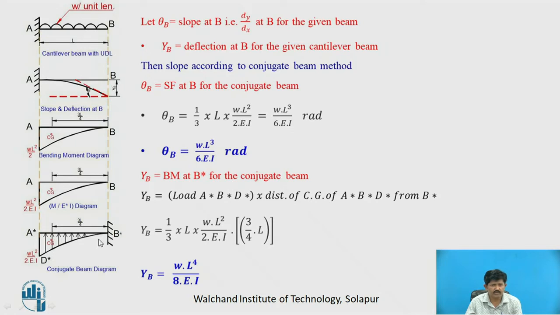So here if I calculate the bending moment at B star, that will be equal to the deflection of a free end in the real beam.